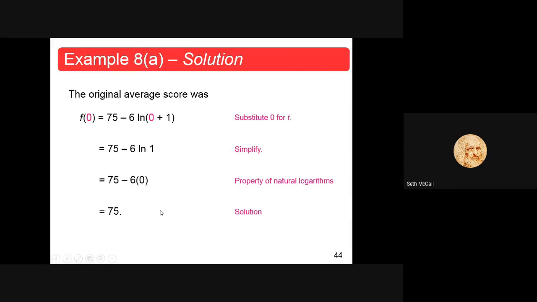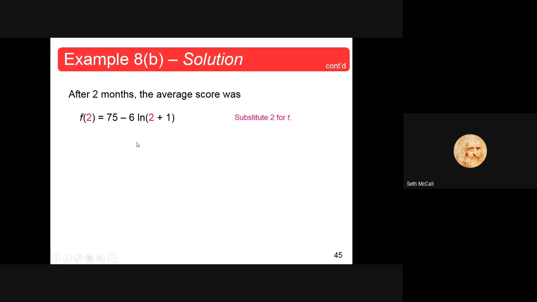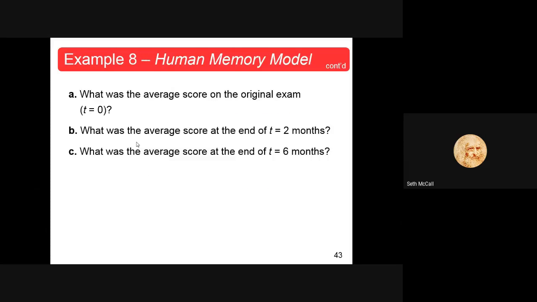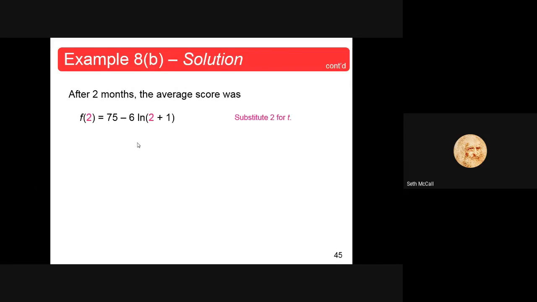Now, moving on to after 2 months, we're going to substitute 2 in, and we have 75 minus 6 natural log of 2 plus 1. Now 2 plus 1 becomes 3.